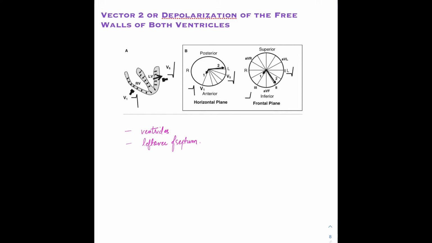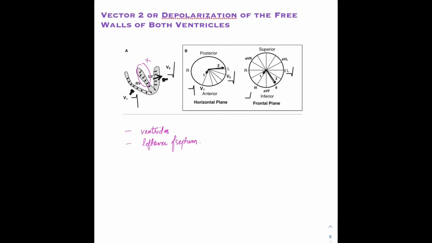So if you see, this is a time when the rest of the ventricular septum will be depolarized. Since the direction of the vectors is being neutralized, no net vector of the septum is generated during this time. Similarly, for the free walls of the right and left ventricles, the majority of the vectors are neutralized because of their opposite directions.